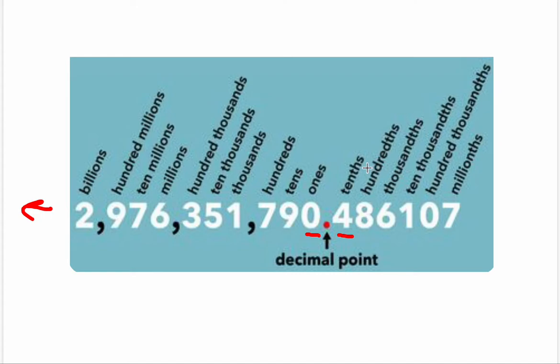You'll notice that you have the "th" addition to all of these place values, because we're talking about a fraction amount, not a whole amount. So you have the tenths place, the hundredths place, thousandths place, 10,000ths, 100,000ths, and then millionths. If you need to, make sure that you write this down in your notebook.